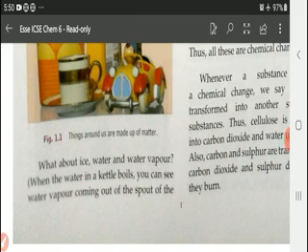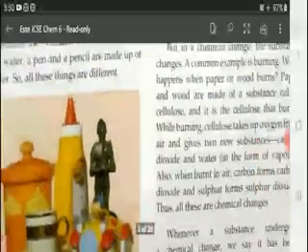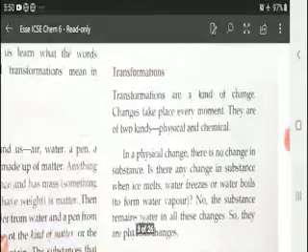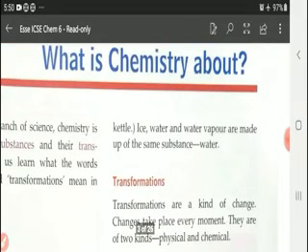If we heat the ice, we will get water. Then the basic form of ice and water vapor is water. So here we can confirm that ice, water and water vapor are made up of the same substance.